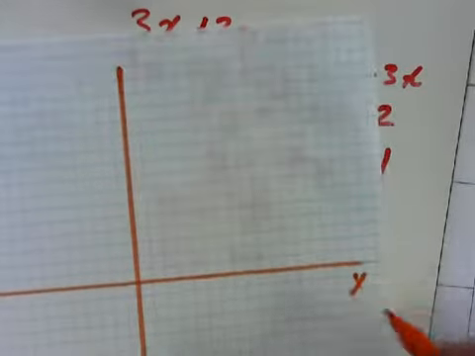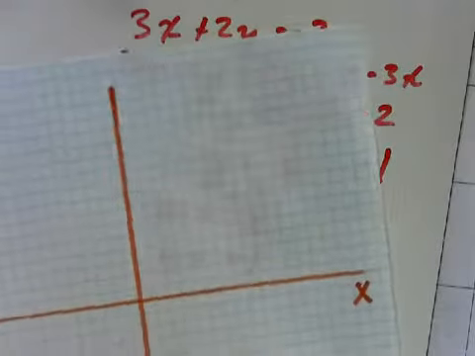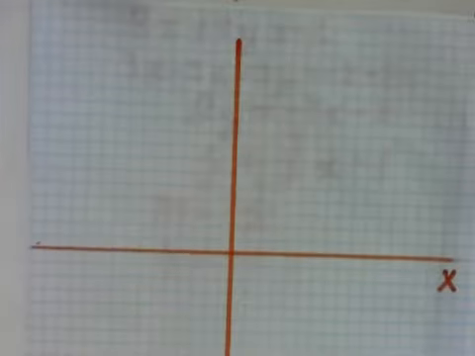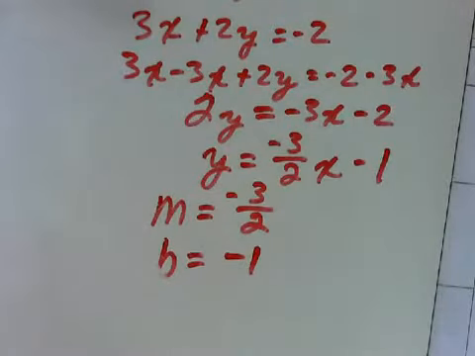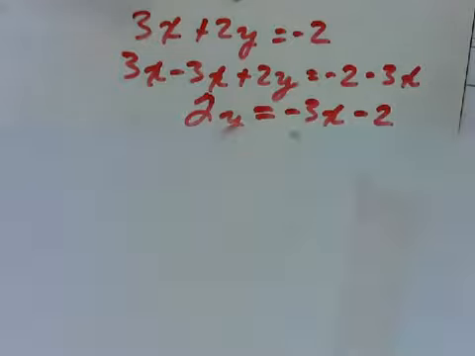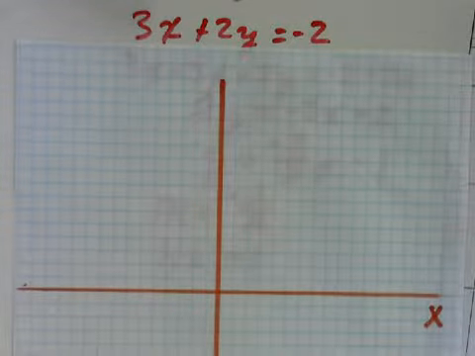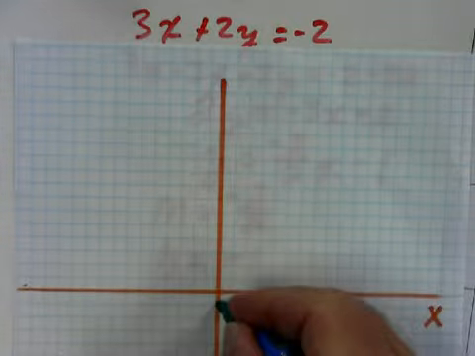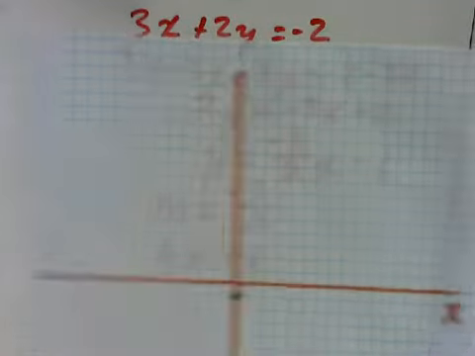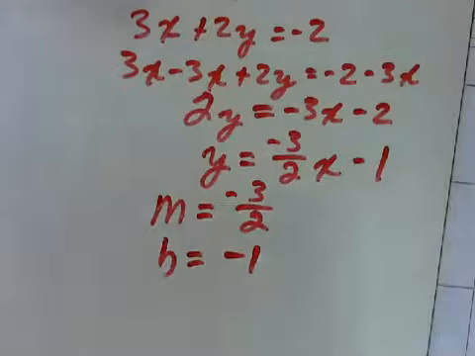This is my x-axis, this is my y-axis, and I need to start at negative 1, which is right here, and my slope is negative 3 halves.